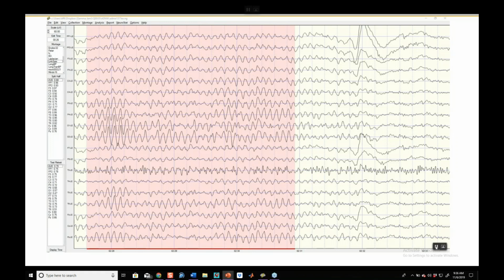And so unless somebody has a significant change from state A to state B, I would just stick with one state. However, if there is a significant change, you can get two maps from one recording and show them two different states that they're inhabiting.